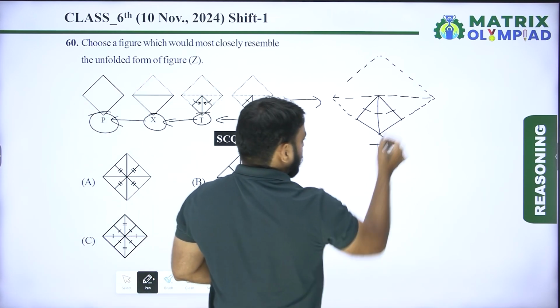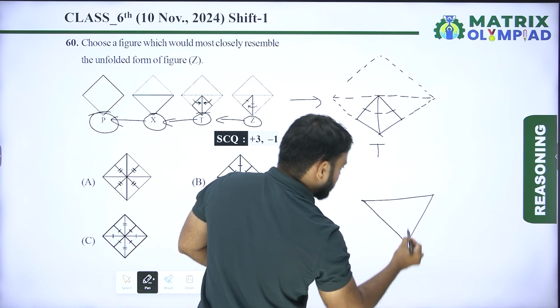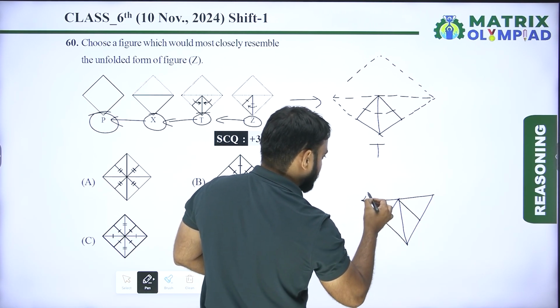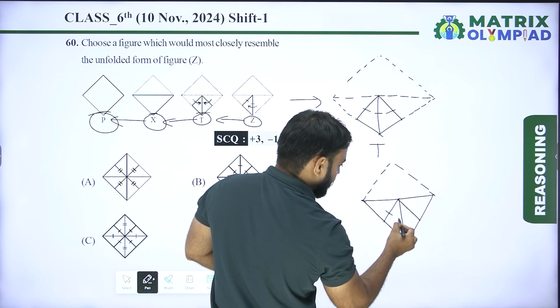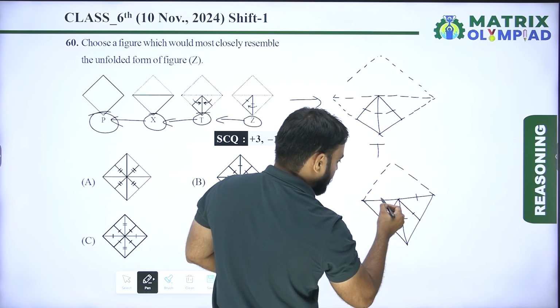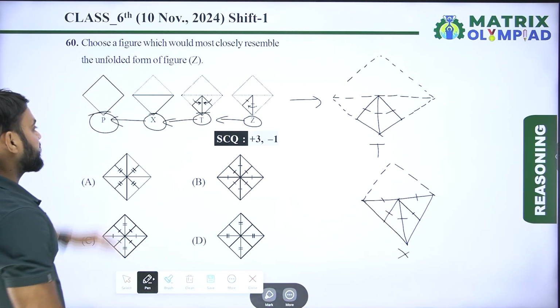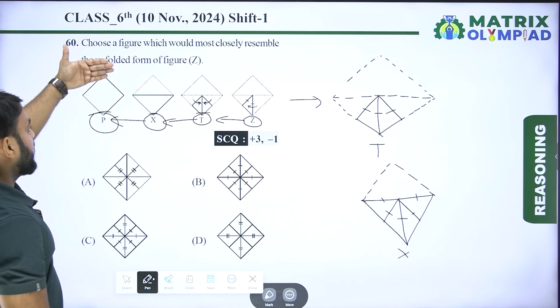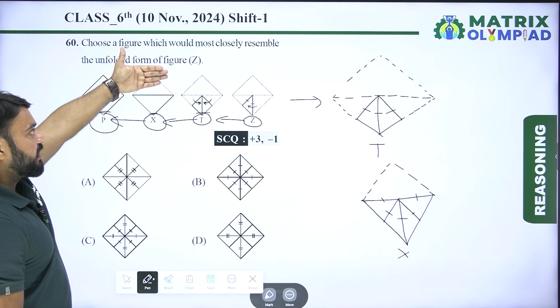So now unfold the T, then we get an image like this. Now this is X. Now unfold the X in this direction, because P has been folded in this direction, so X will be unfolded in this direction.